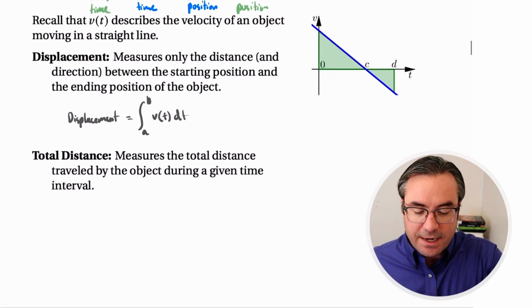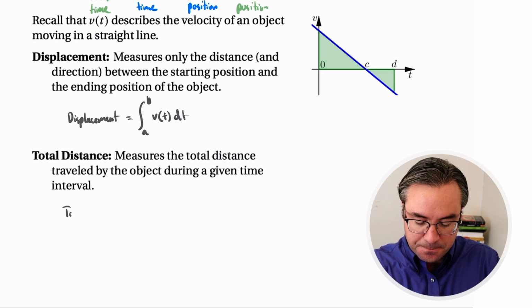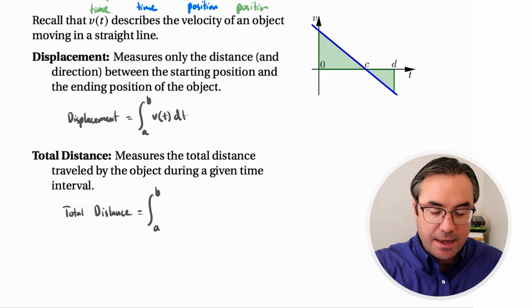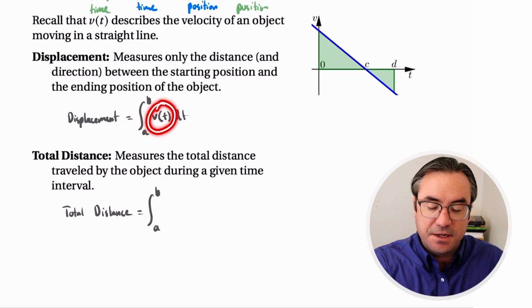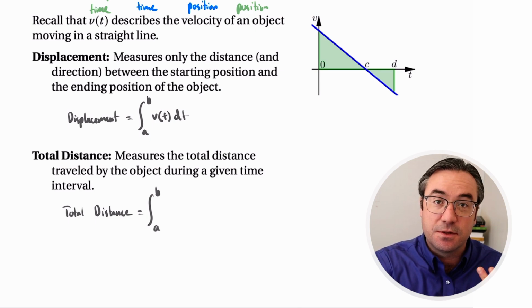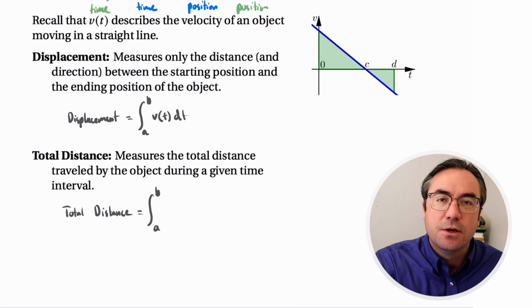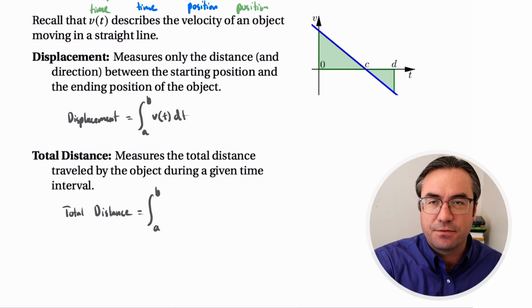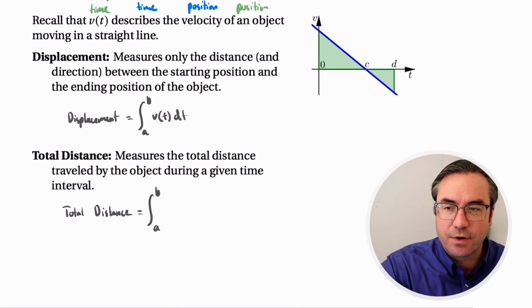So we can calculate total distance by integrating. Our velocity function has two components. There's the size, the magnitude of it, which describes how fast our object's moving, but then there's also the direction component, positive or negative: moving in the positive direction or negative direction.